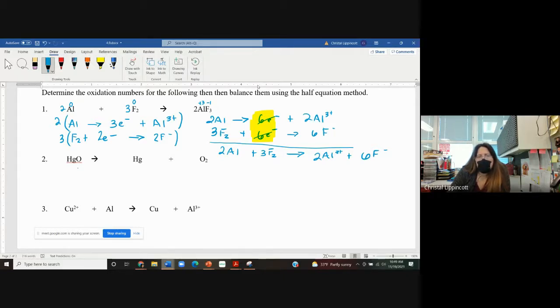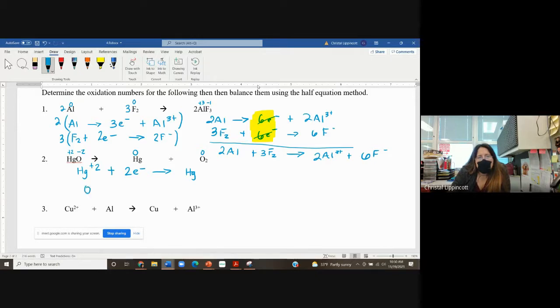Okay. All right. So Hg here, this is a +2. This is a -2. This is 0, 0. So here, Hg +2 is going to pick up 2 electrons, and he's going to become Hg.